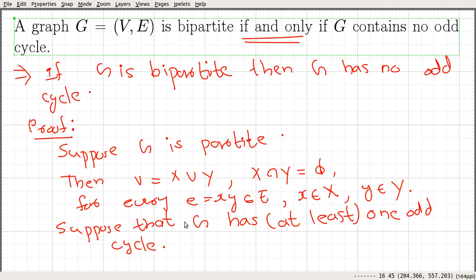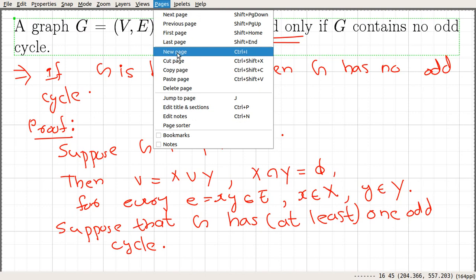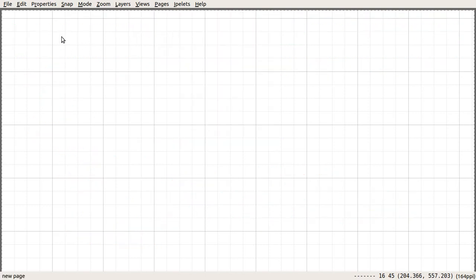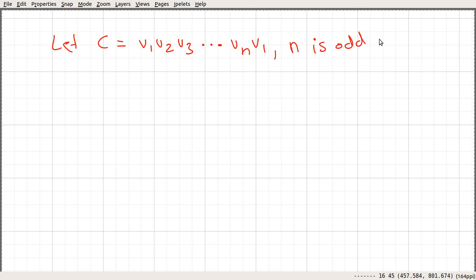So suppose G has at least one odd cycle, and let that cycle be denoted by C, say V1, V2, V3, ..., Vn followed by V1. Since we are considering an odd cycle, n is odd.